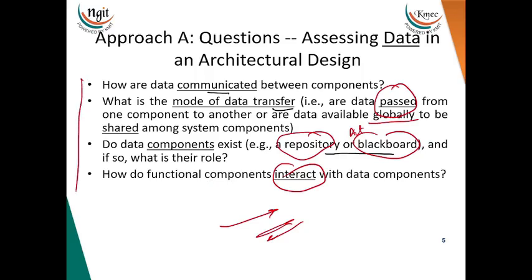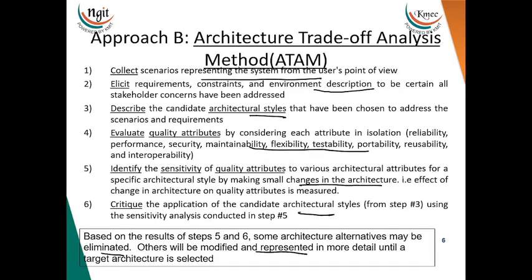So: how the data is communicated, how the mode of transfer is chosen, how the components exist, and how the functional components interact. Then the architectural trade-off analysis method, ATAM. I'm marking this as important. First, collect scenarios that represent the system from the user's point of view: how the user looks into the system. Elicit requirements, constraints and environment: how important the environment is, whether it is described or not.